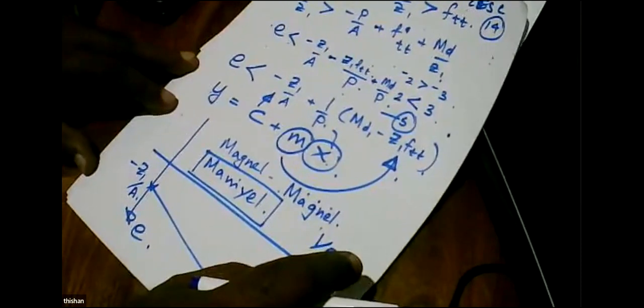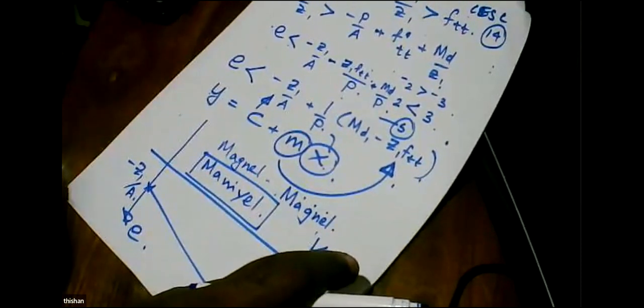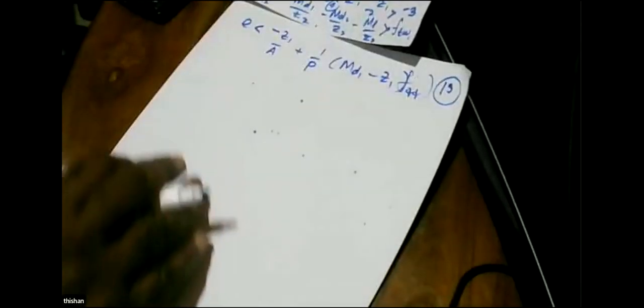So now you see that equation number 1 will give us this equation. E should be less than minus Z1 over A plus 1 over P MD1 minus Z1 FT.